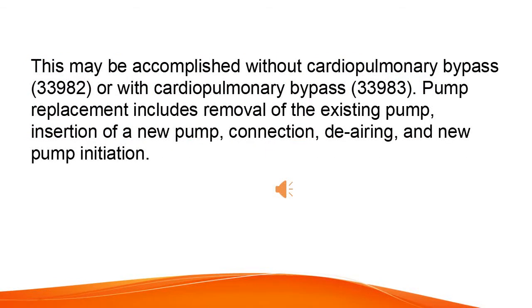This may be accomplished without cardiopulmonary bypass, 33982, or with cardiopulmonary bypass, 33983. Pump replacement includes removal of the existing pump, insertion of a new pump, connection, de-airing, and new pump initiation.